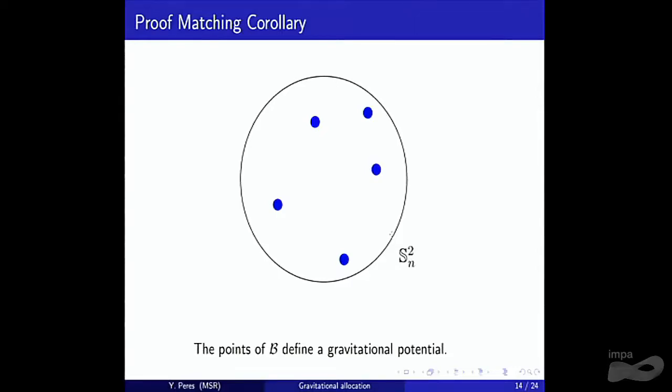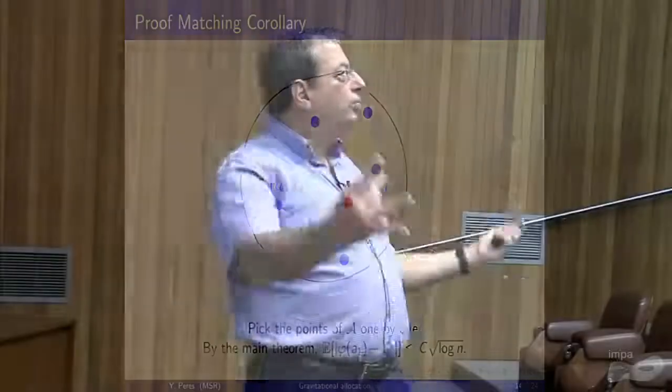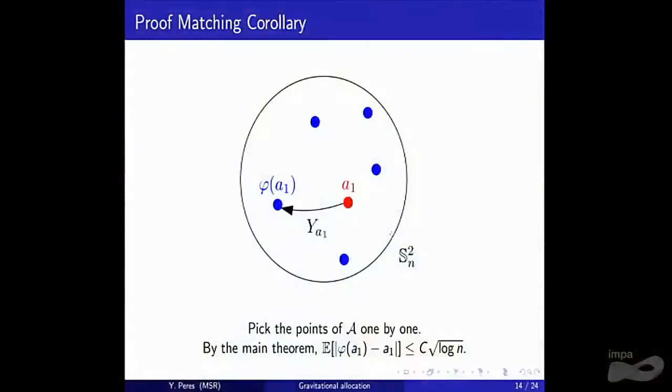Now a red point arrives. Think of it as a particle. It feels the force from all the stars. Again, the red point arrives at a uniform point, so it won't land on the boundaries. With probability 1 it will land inside some basin, and that means it will travel to one of the stars. That's our definition of the matching.